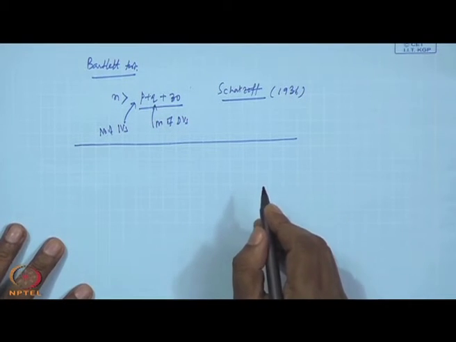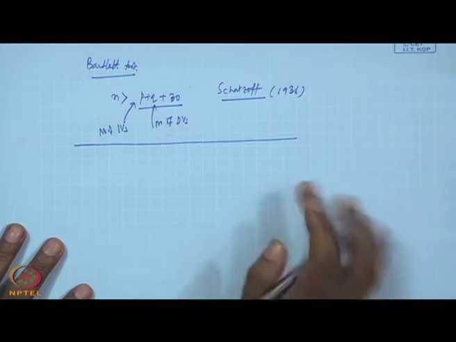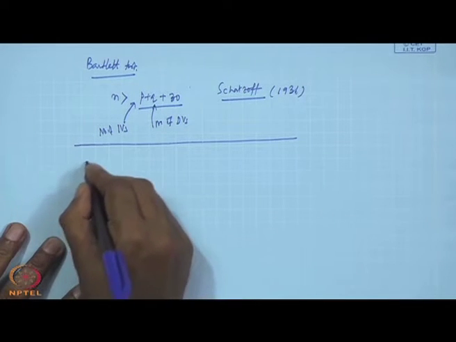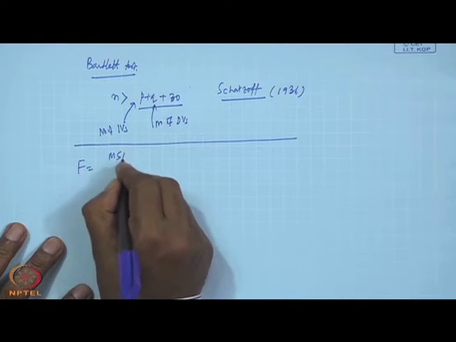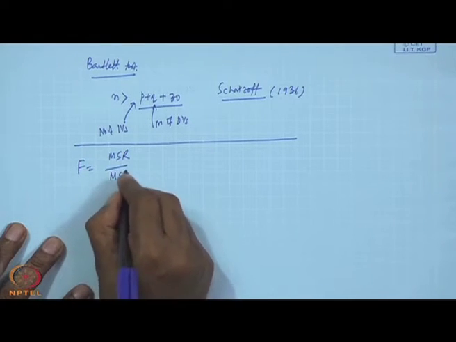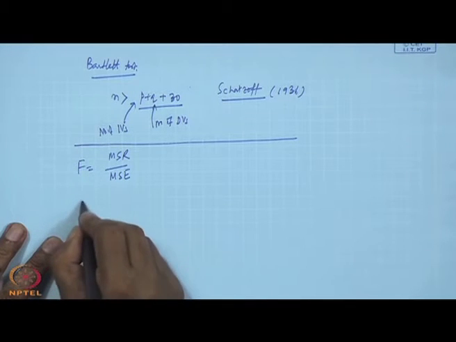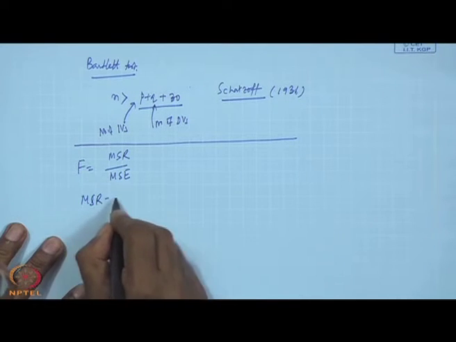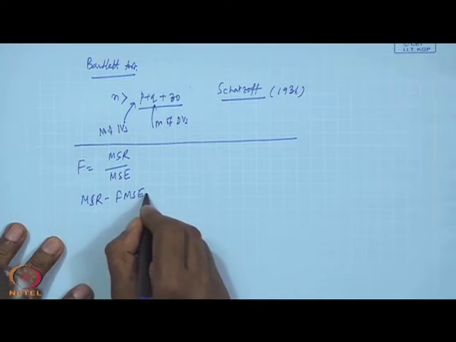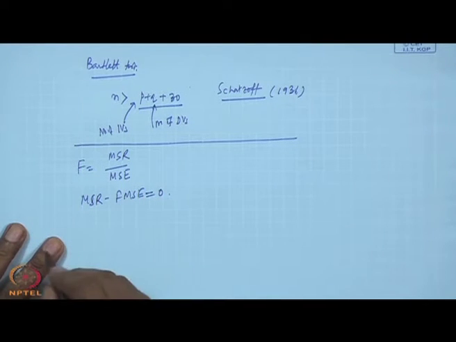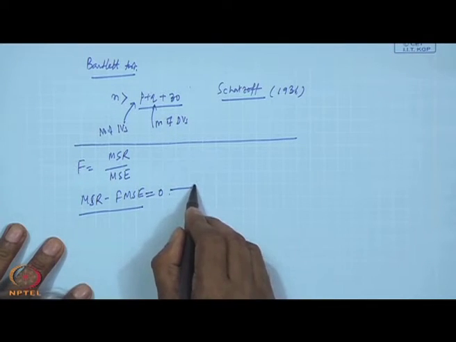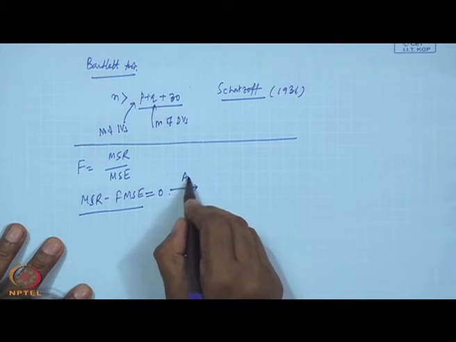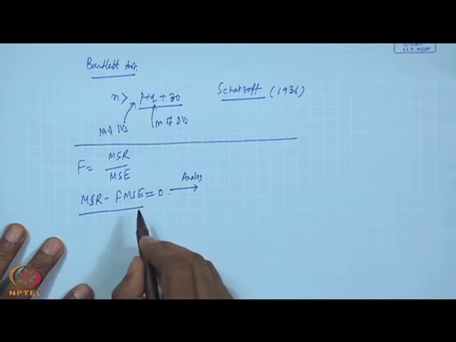Interestingly, suppose in ANOVA we know that F equals MSR by MSE, that means MSR minus F times MSE is 0. Now, its equivalent or analog in the multivariate domain.